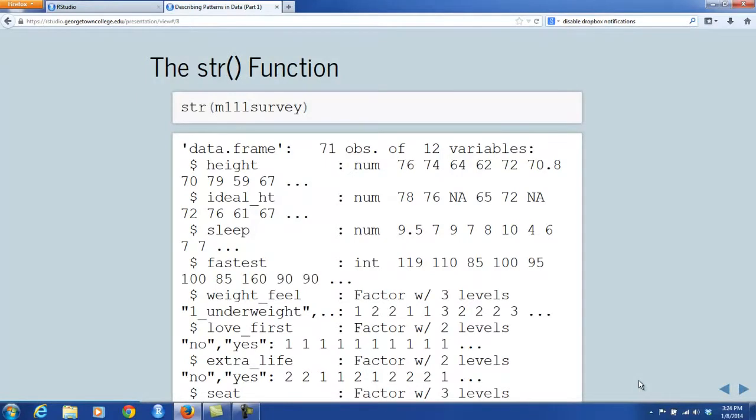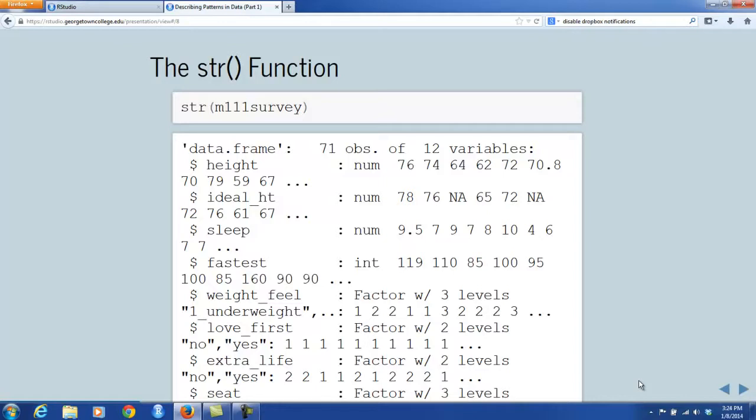One of the most important functions that you can use to learn about an object in R is the structure function, or the str function. If you were to apply the str function to Math 111 survey, this is the kind of output that you would get. Now, I should back up a moment and tell you that when you think about the structure of an object, there's really two major components to the structure.